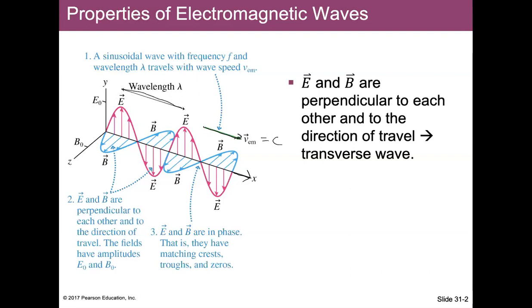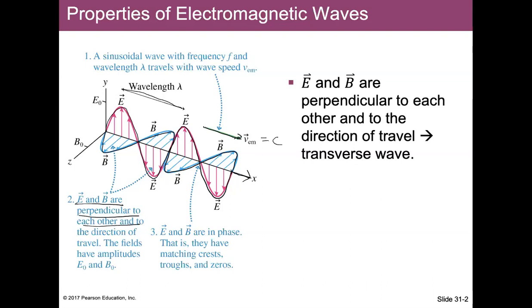for the electromagnetic field. And that electric field is completely, perfectly perpendicular to the magnetic field. So E and B are perpendicular to each other and to the direction of travel.